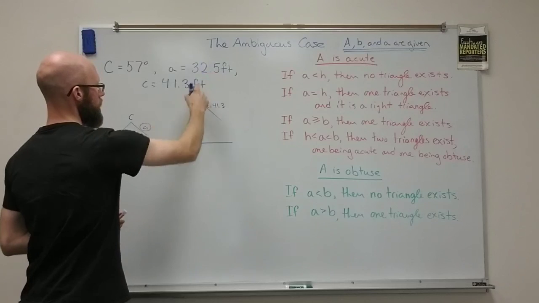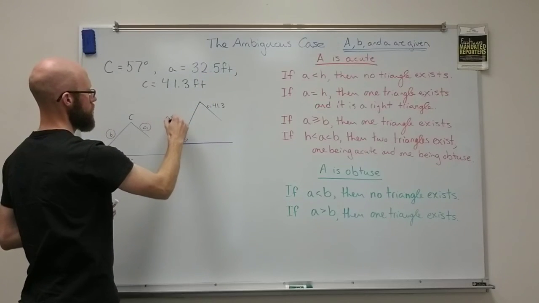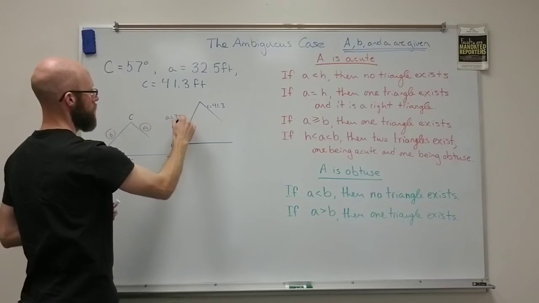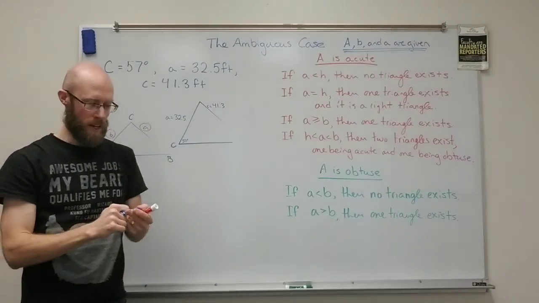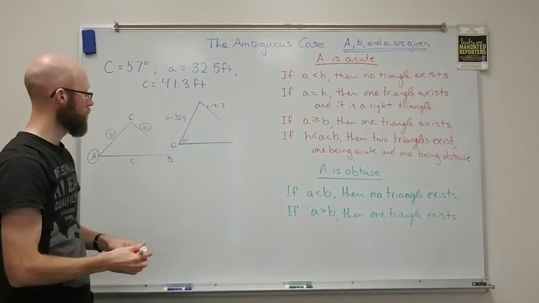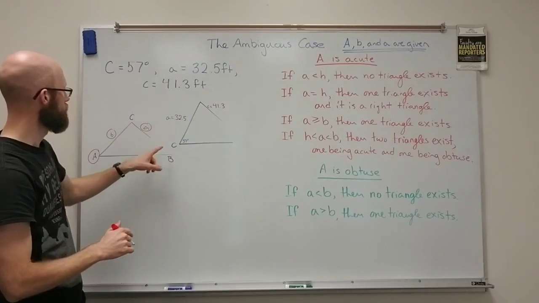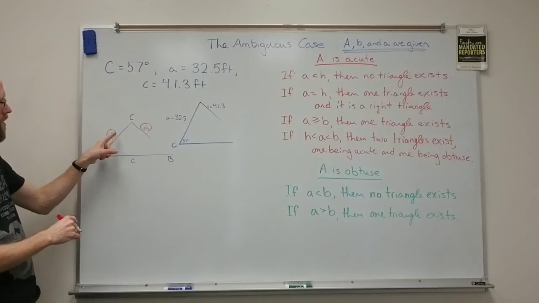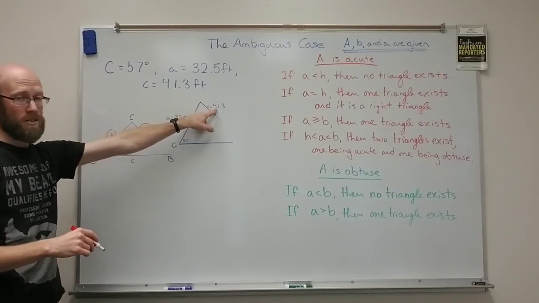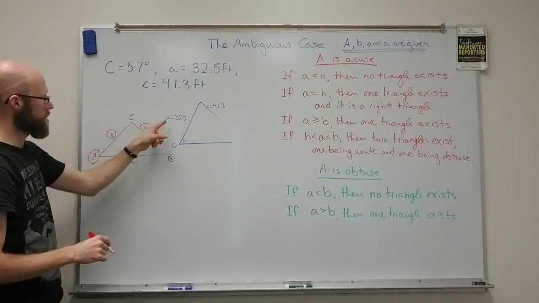Side A is the other side that's given, so it's this one on the left. So I just make all the substitutions: the original A is now C, the original little a is now little c, and the original little b is now little a.